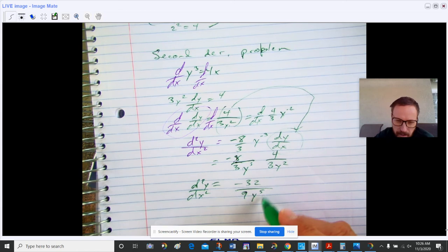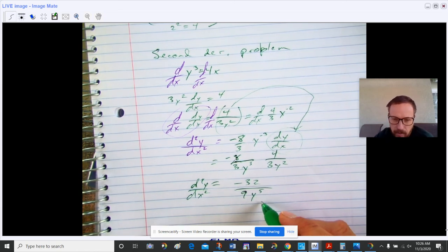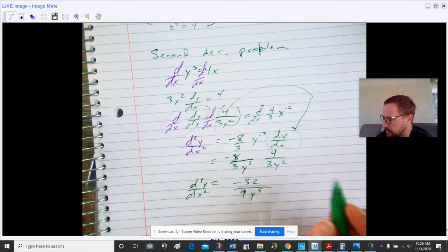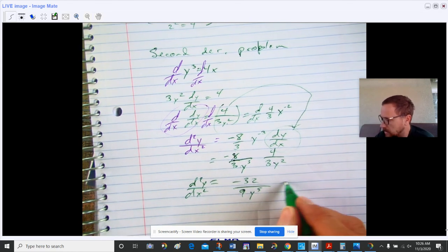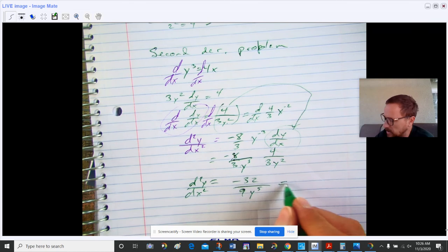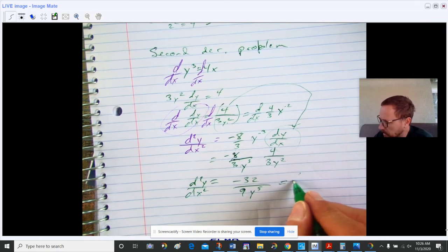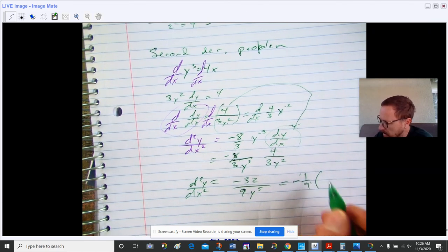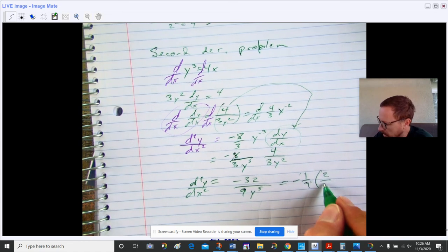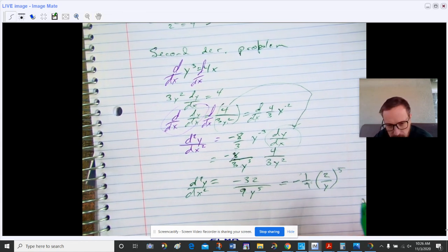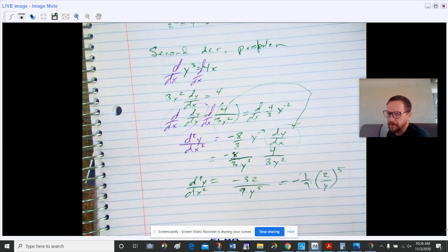Now, I imagine they could get pretty funky with that. I mean, there are some things that we could do, but the worst possible scenario, just so you know, and this is just a thought, is we could write it as negative 1/9, and then we'd have 2 over y to the 5th. That's a possibility because 2 to the 5th is 32, but I doubt that.